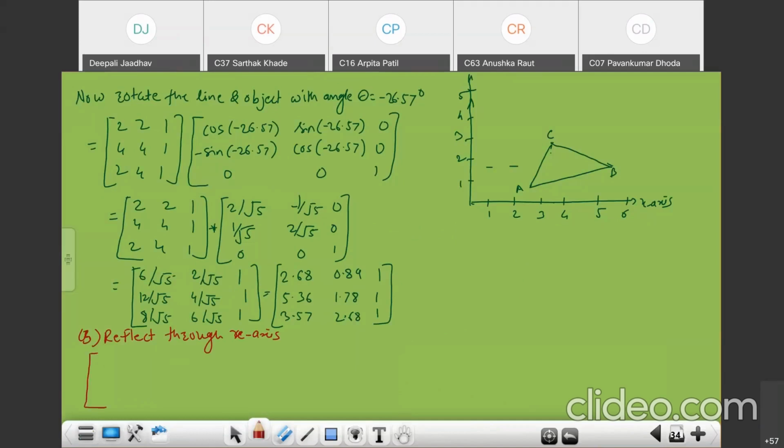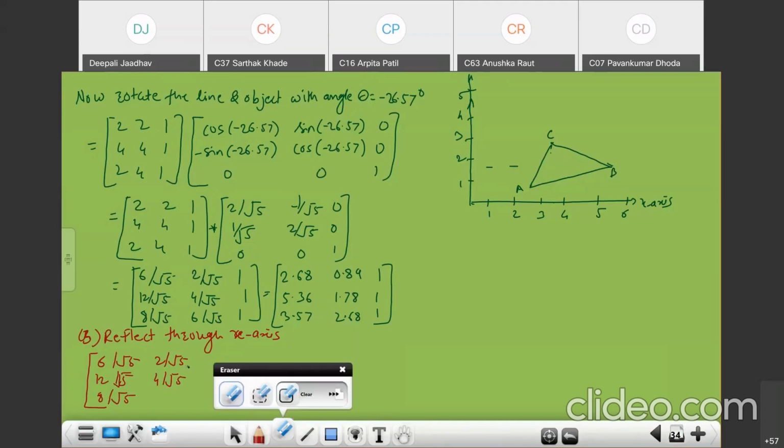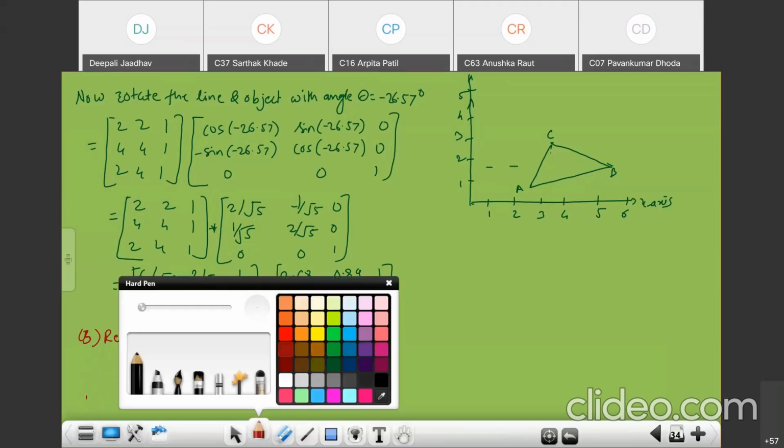You can use this one or this one, any one for calculation. I will use the second one.